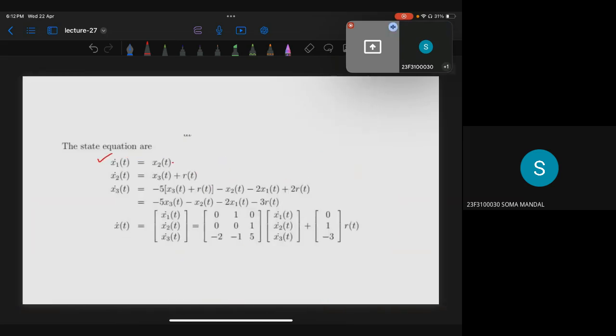Those are these three equations now. The dr by dt terms are gone, so we put them into the matrix.